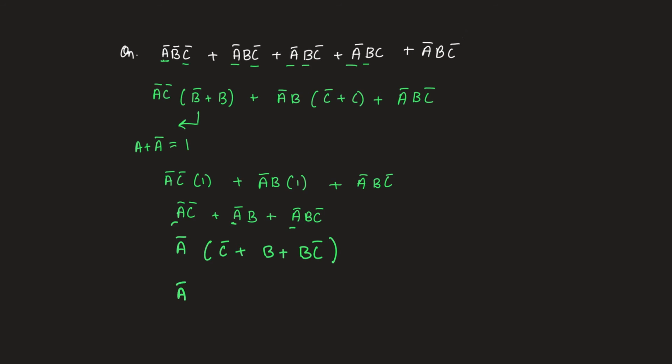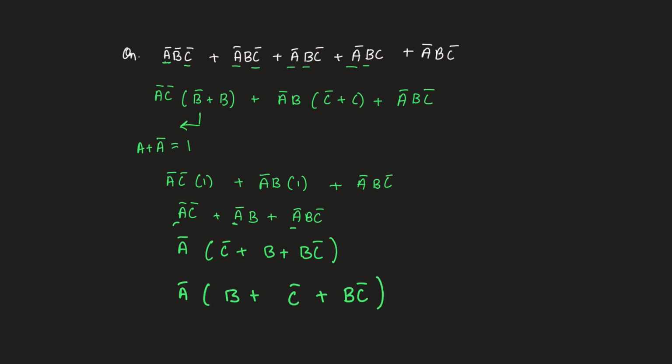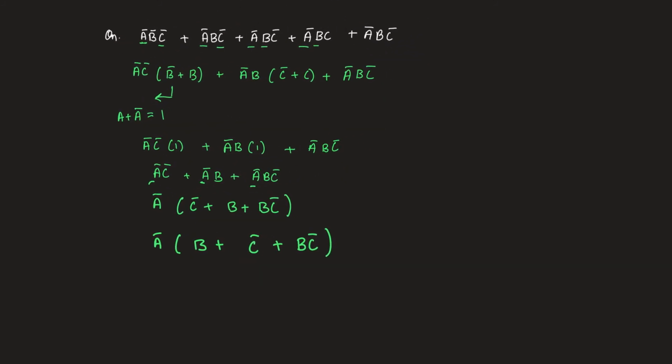A complement. Probably take these two terms over here, b plus c complement and b c complement. Okay. All right, a complement. Now we could remove c common again, right? So c complement.